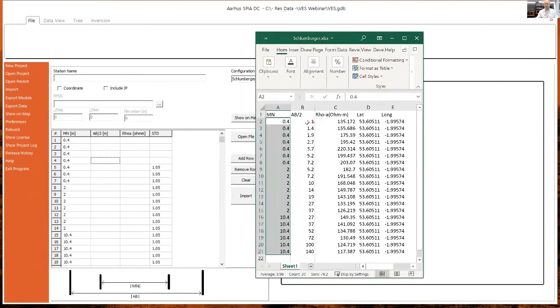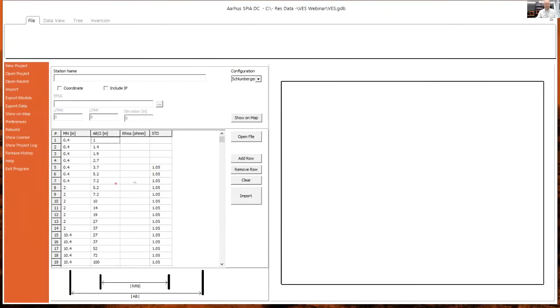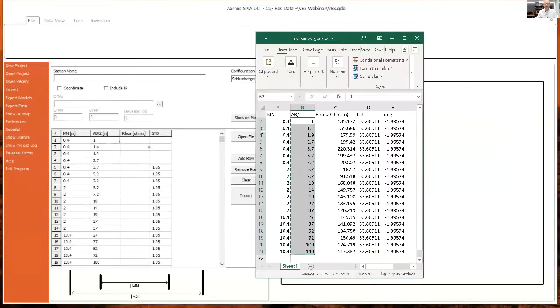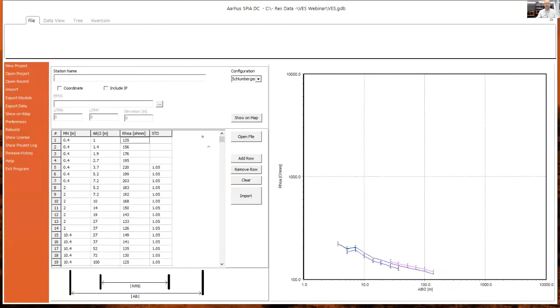Then take my AB values, copy those in, and then bring in my apparent resistivity values, copy those in, and then I can see my 3 sections in there, so that's great. So I'm just going to say import.